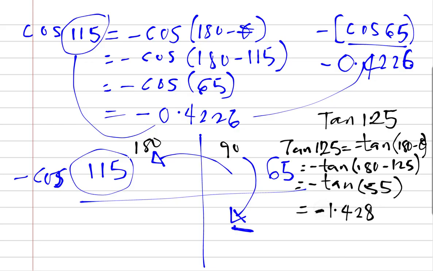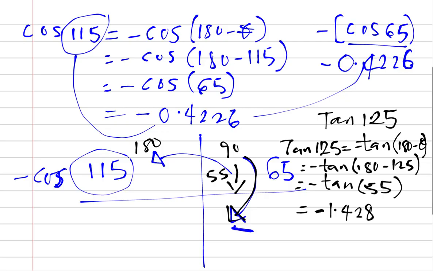So that is why our answer is minus 1.428. And you can see, if you are coming from this part, that's 55 degrees. Are you seeing that? Your answer for tan 55 will be positive, but because you are moving in this clockwise direction, you will put minus in the answer.